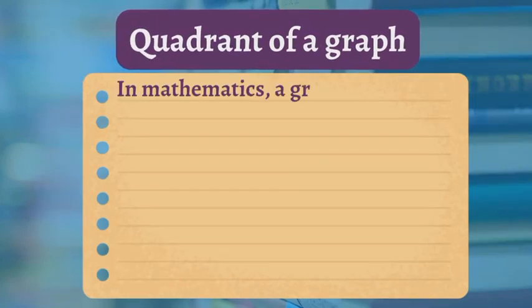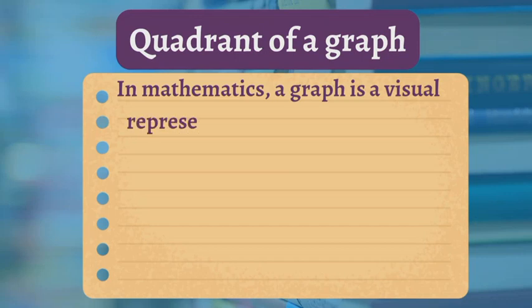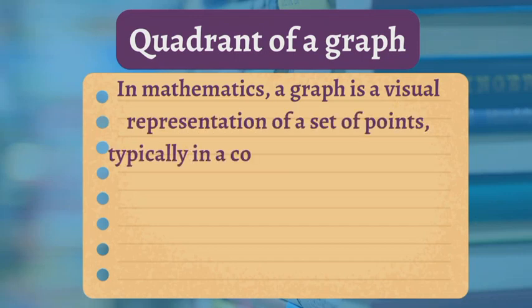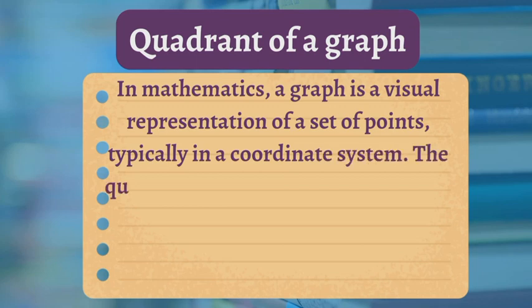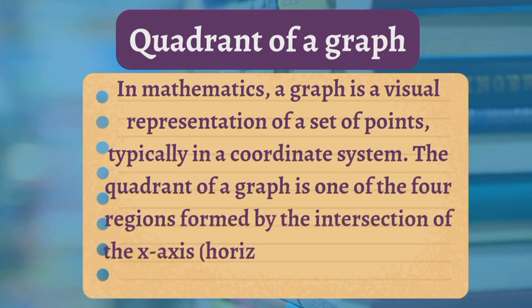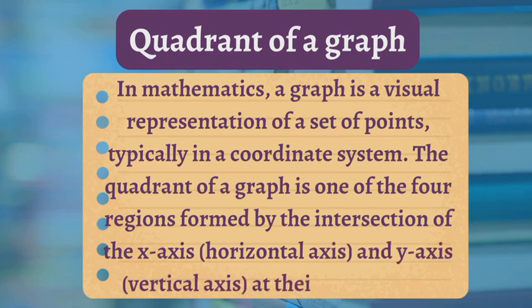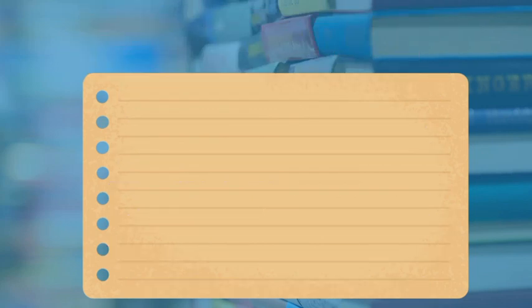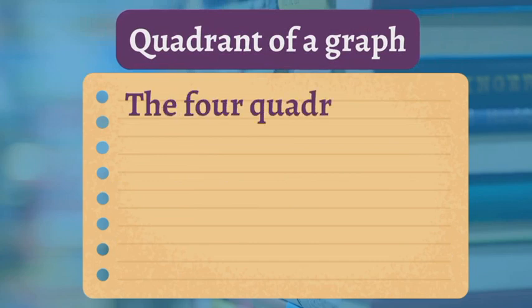So let's quickly look at what quadrant is. In mathematics, a graph is a visual representation of a set of points, typically in a coordinate system. The quadrant of a graph is one of the 4 regions formed by the intersection of the x-axis, the horizontal axis, and the y-axis, the vertical axis, at their origin 0, 0.